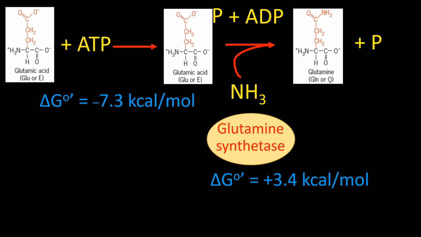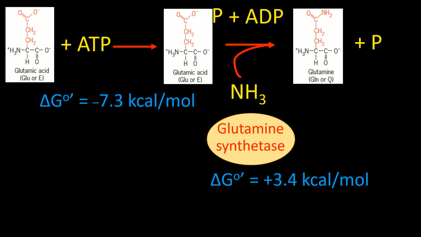When ATP gives its phosphate group to another molecule, it is called phosphorylation. So ATP gives its phosphate group to glutamic acid, in the process becoming ADP. And this is a free energy change of negative 7.3.